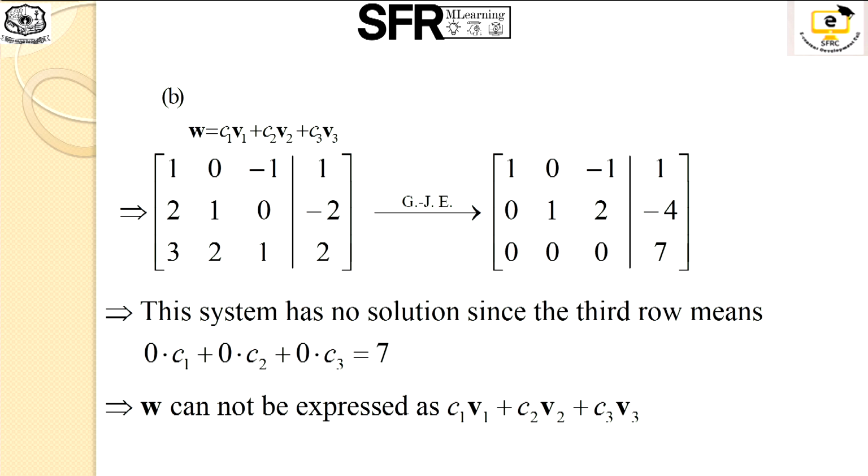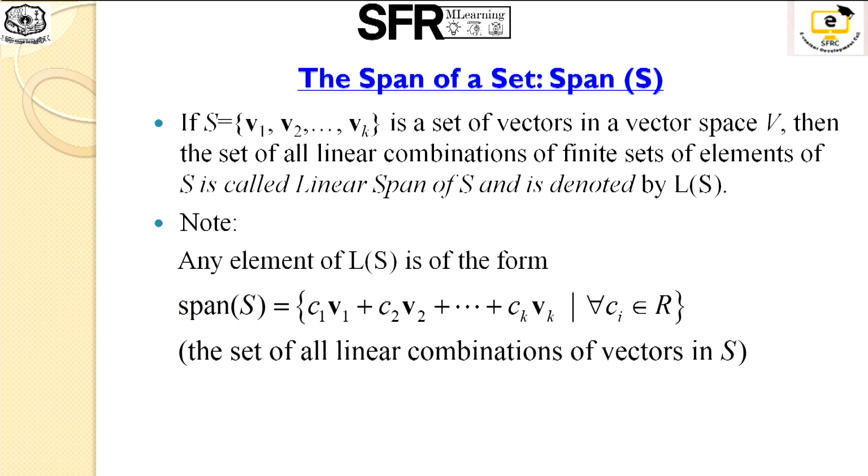Here we have the equation 0 into c1 plus 0 into c2 plus 0 into c3 equal to 7. This is not a valid equation because the right side value is 7 but the left side is 0. So w cannot be expressed as c1 v1 plus c2 v2 plus c3 v3.